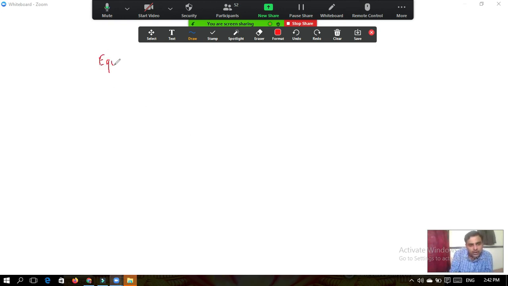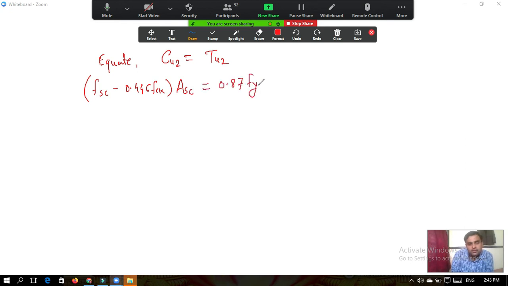For that, equate Cu2 equal to Tu2. We are considering the equilibrium. Cu2 is equal to Tu2. What is Cu2? It is (FSC minus 0.446 FCK) into ASC, which is equal to 0.87 Fy AST2.